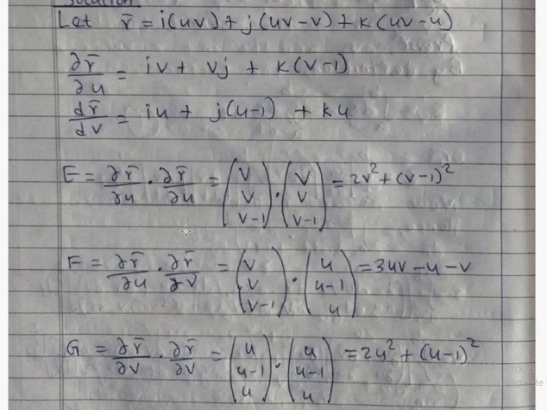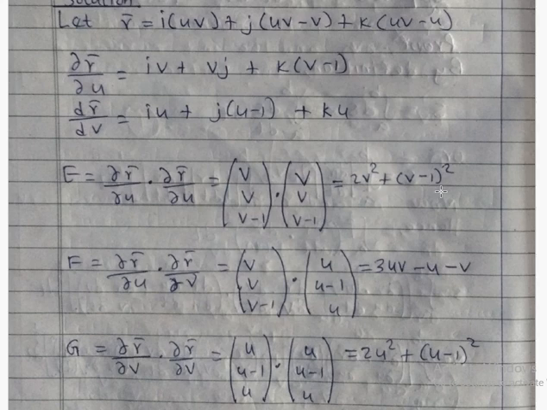Partial r partial u can be written as v, v, v minus 1. So we have v dot v plus v dot v plus v minus 1 dot v minus 1, and therefore this gives us v squared plus v squared plus the square of v minus 1, which simplifies to 2v squared plus the square of v minus 1, and this is our E.